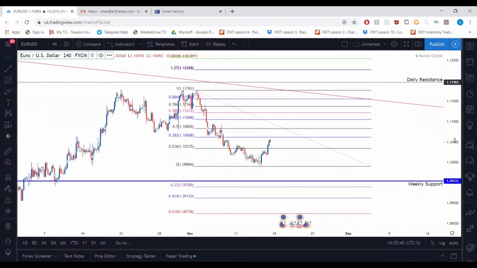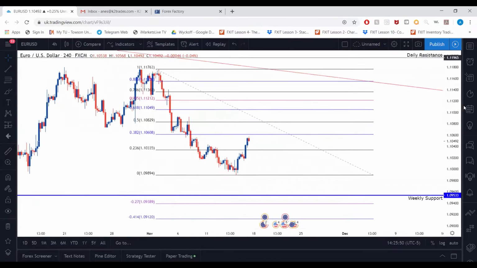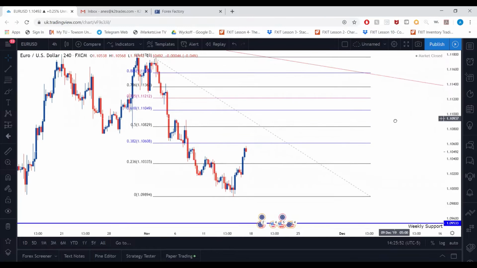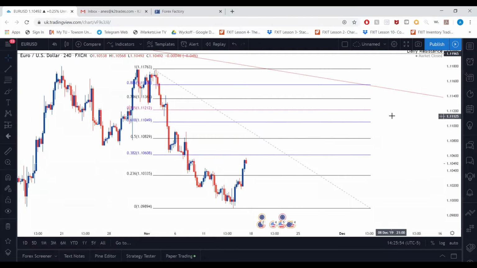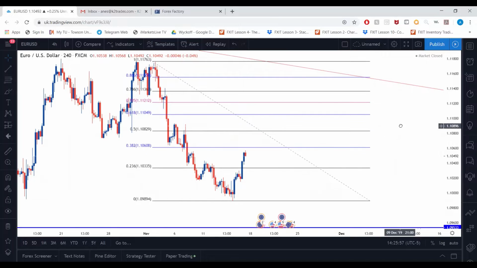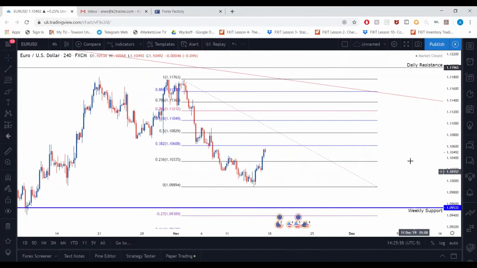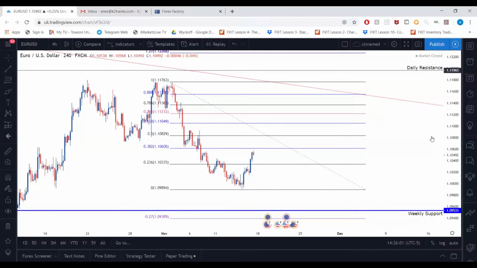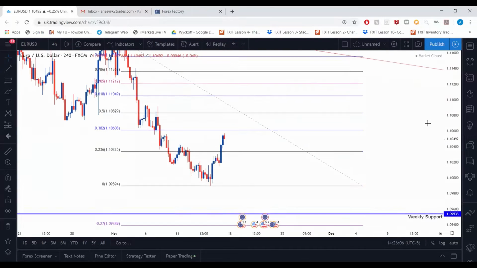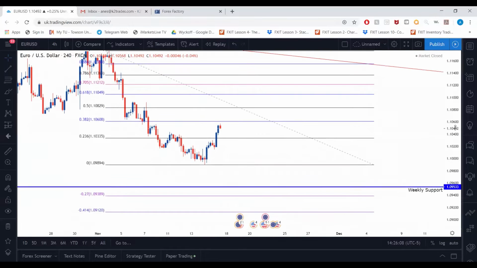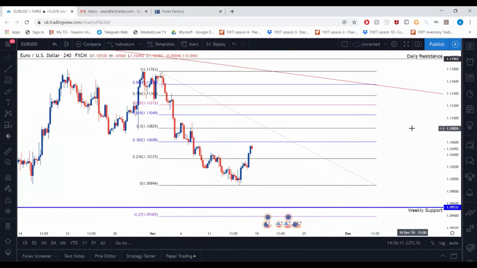So on the 4 hour, it's showing to be rejecting actually around 38.2 from this daily move. But for me, there's not enough information here to trade it at the moment. I would just watch it, similar to USD CAD. But on USD CAD, we do have more information.